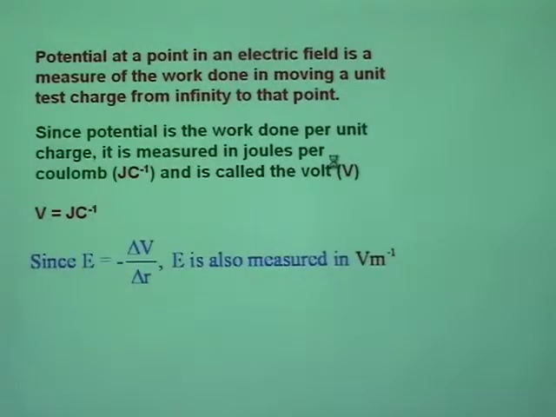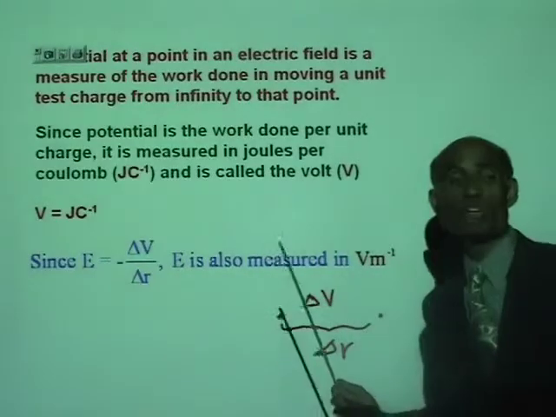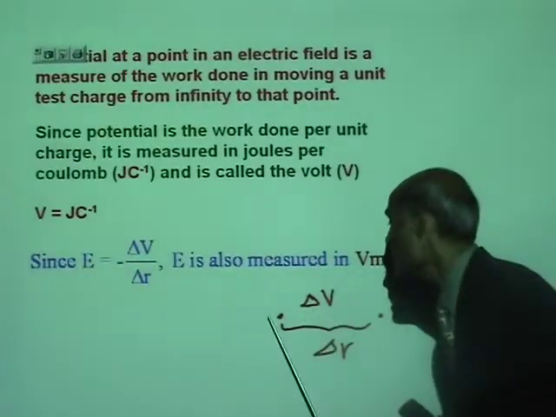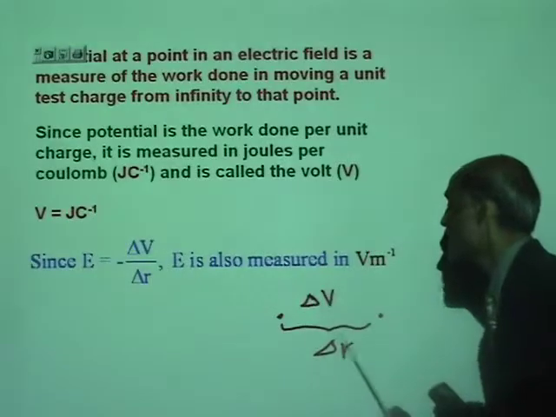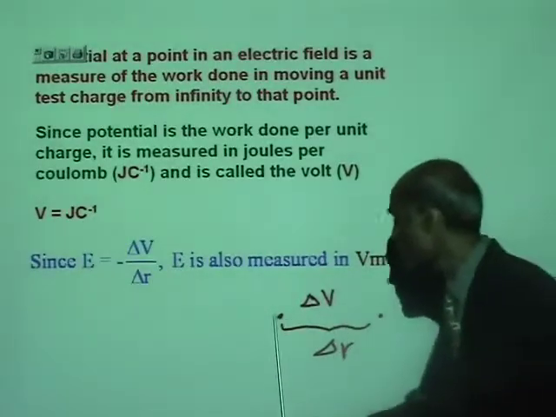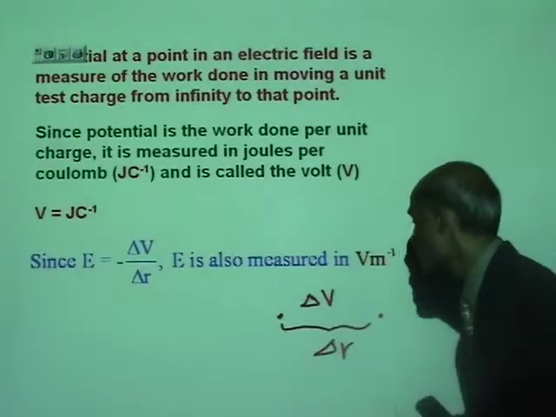What that means is, if you have 2 points separated by distance delta R, and the potential difference is delta V, then we will assume that the electric field is uniform in that region.